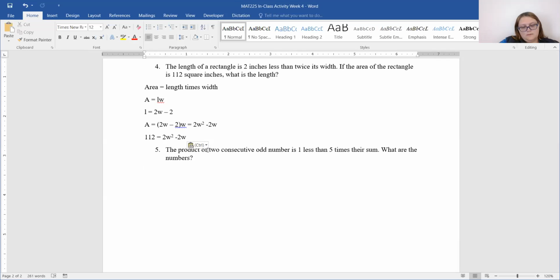2 consecutive odd numbers. That means that there is a difference between them of 2. So we know that one of them is 2 plus the other.